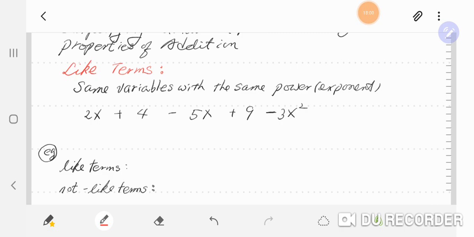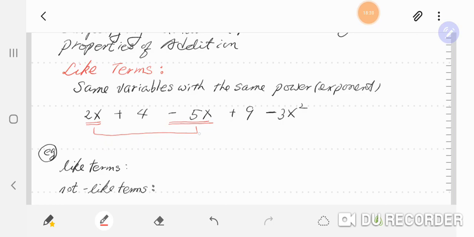From this, the like terms are 2x, which contains the variable x with exponent 1, and minus 5x, which with a single number will be negative 5x. This has variable x with exponent 1, right? So 2x and negative 5x are the like terms. Then we can add these 2.